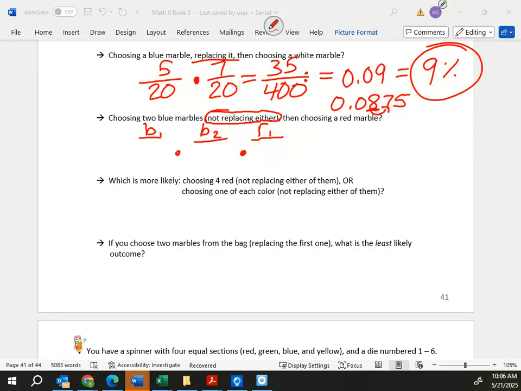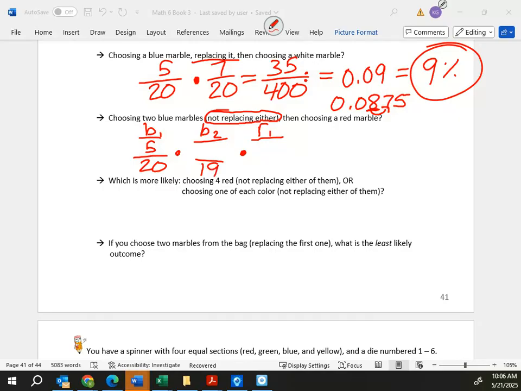Okay, what is our first probability fraction? James? 5/20. There are 5 blue marbles out of 20. What is our second probability fraction? I think this is where a lot of us messed up. Lila? So Lila's saying, okay, we didn't replace that marble, so there's 19 left.